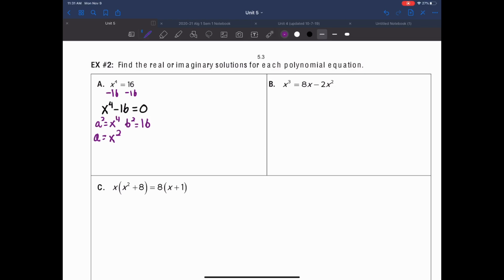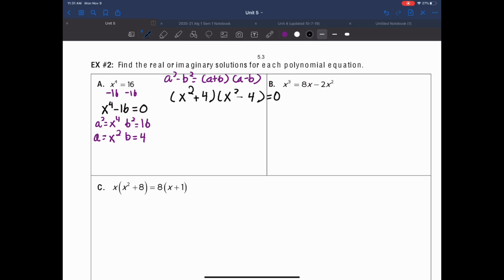Then the square root of b squared is going to be b equals the square root of 16, which is 4. So that's going to factor down into x squared plus 4 times x squared minus 4, because again, we're using a squared minus b squared equals a plus b times a minus b, putting that in factored form. And that is still equal to 0.